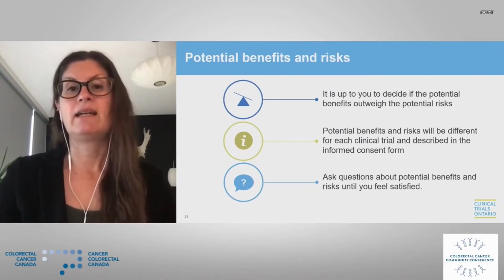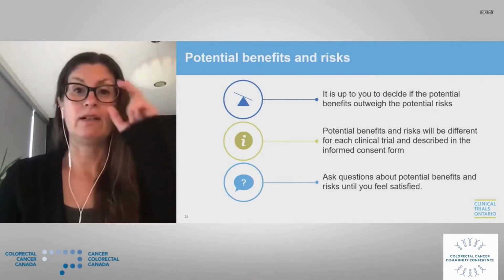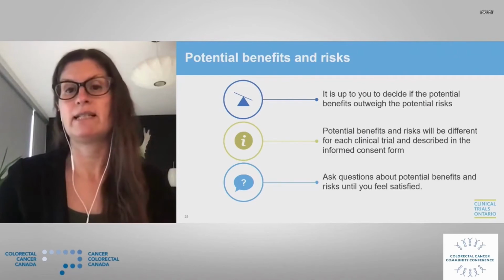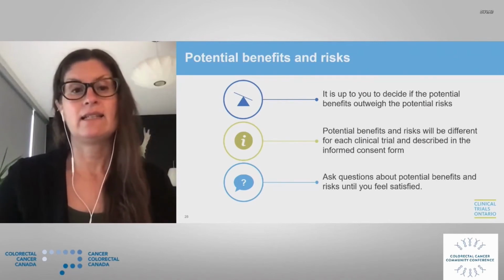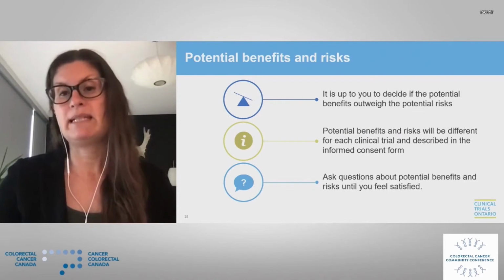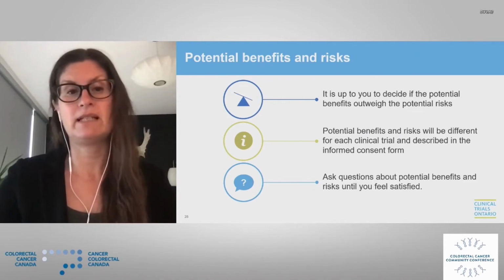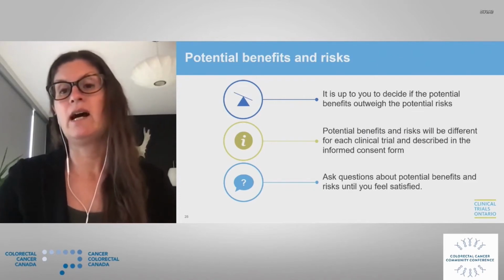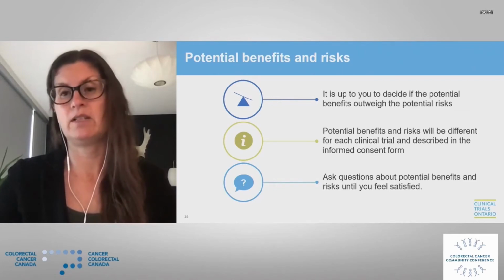Along with deciding about participating in a clinical trial come potential benefits and risks. And again, this is a very personal decision for you to decide if the potential benefits of participating in the clinical trial outweigh the potential risks associated with participation.